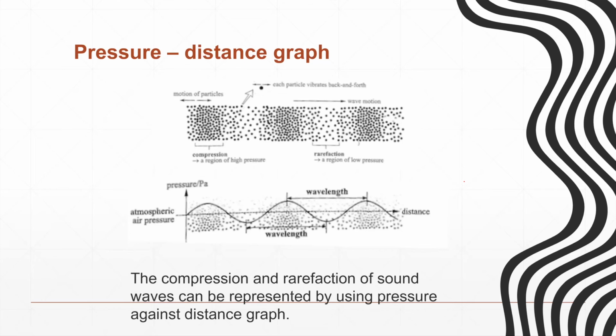So the peak is the compression, and then the trough is the rarefaction. Compression, compression, rarefaction.